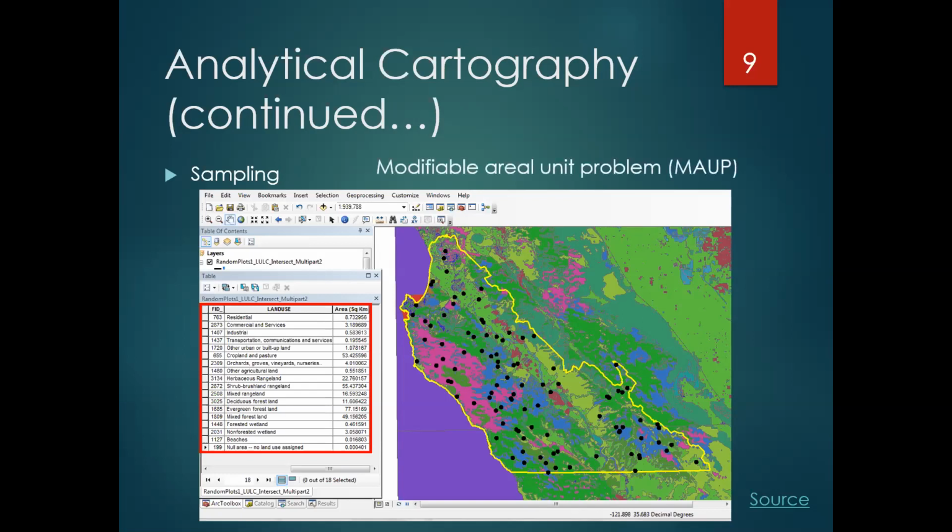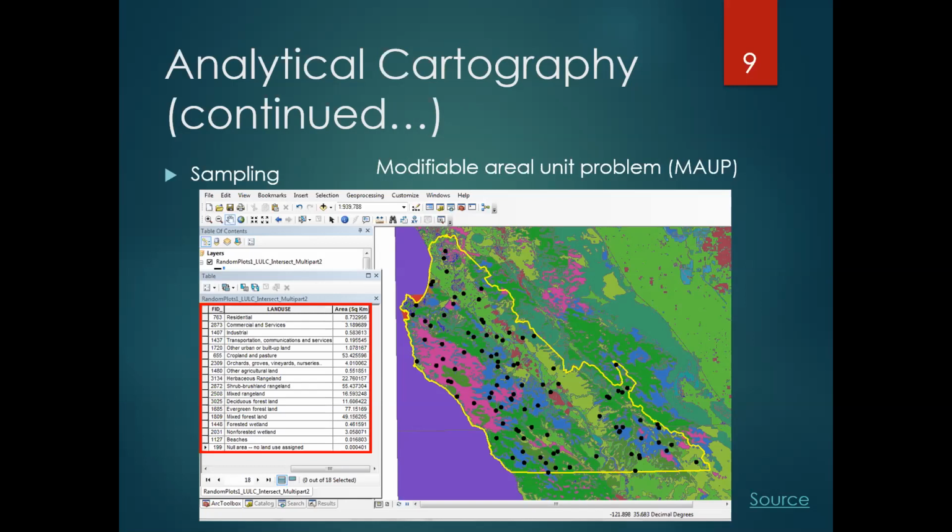This phenomenon is called MAUP, which means that when you're sampling at different scales, you will probably have different spatial patterns from which you can draw different conclusions.